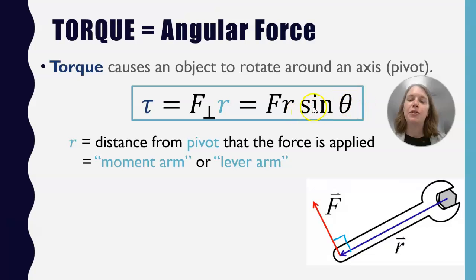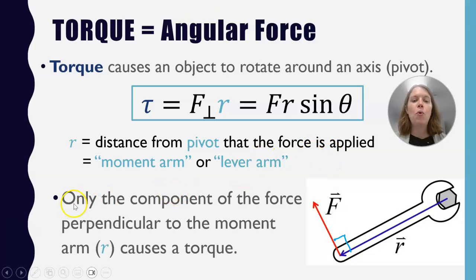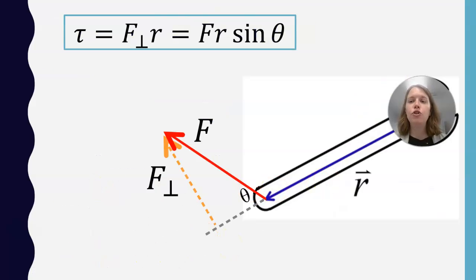What this sine theta is really doing is forcing you to look at the perpendicular component of the force. So r is the distance from the pivot that the force is applied, also called the moment arm or the lever arm, and it's a vector, and only the component of the force perpendicular to the moment arm causes a torque.